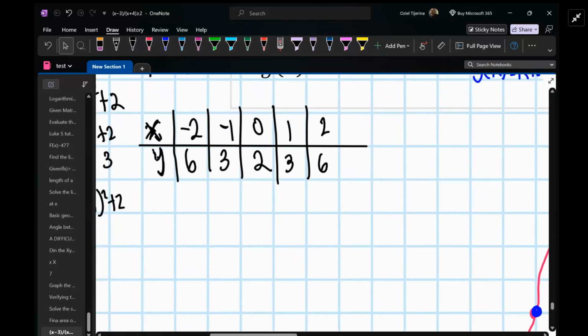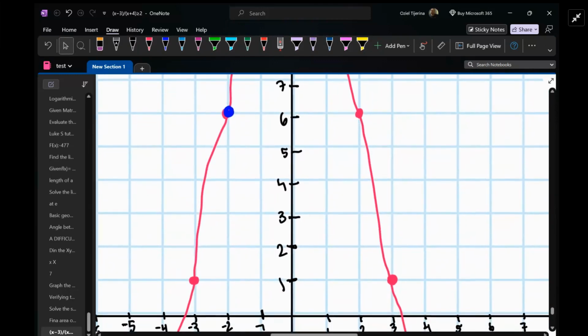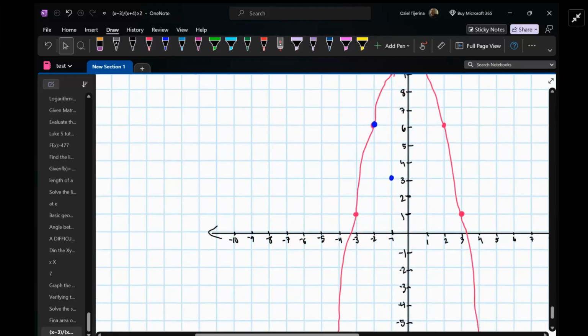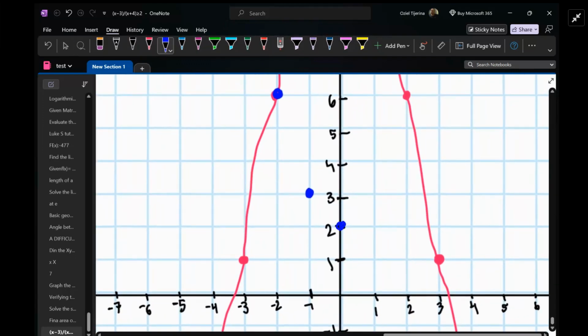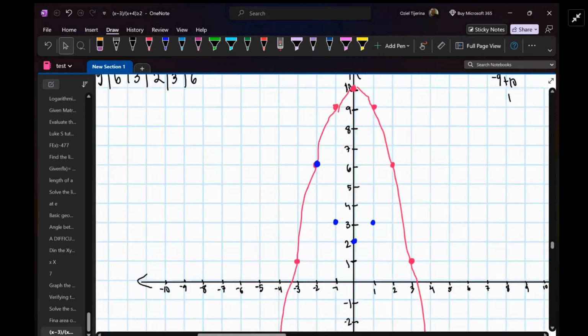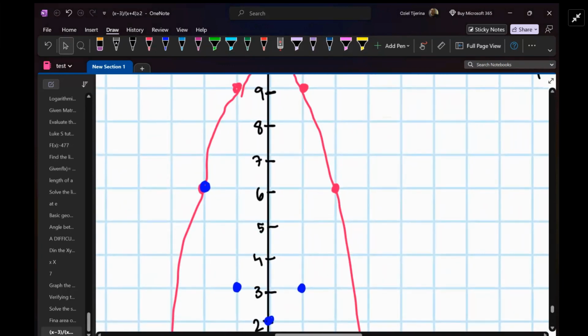So negative 2 comma 6, negative 1 comma 3, and then 0, 2, and then you're just going to reflect it. So 1 comma 3, and then 2 comma 6, is what it would be. Yes. So right here.